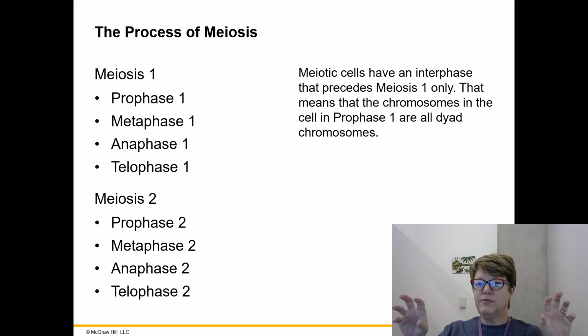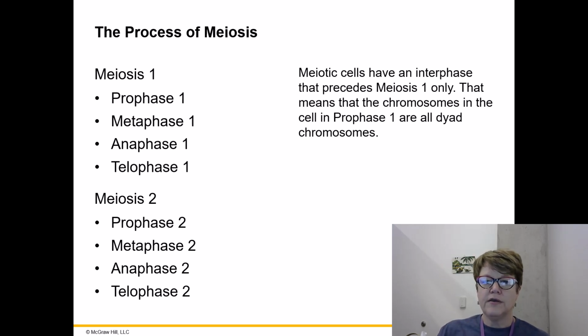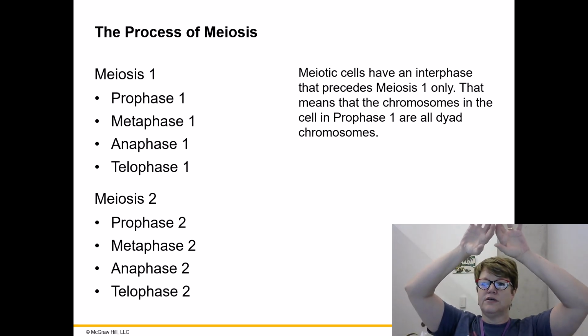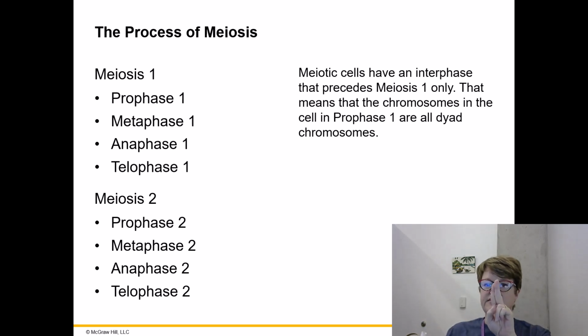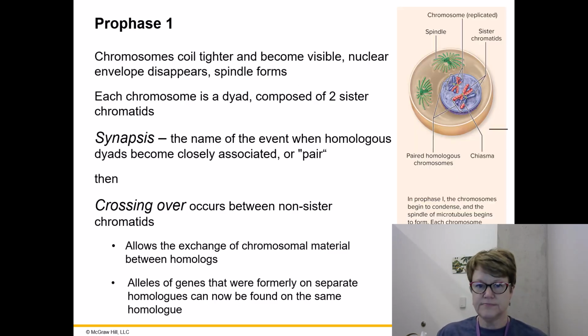So what goes into meiosis 2 are cells that are haploid but have dyad chromosomes, and what you have at the end of meiosis 2 are cells that are haploid with monad chromosomes. So meiosis 1 divides the chromosome sets. Meiosis 2 divides the dyads into monads in the product cells. Watch for that to happen as we go through this.